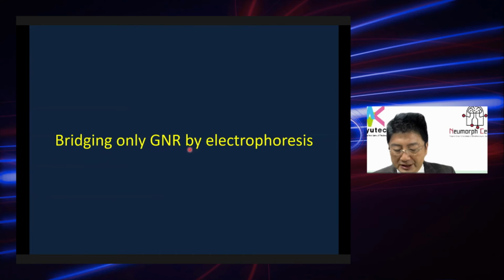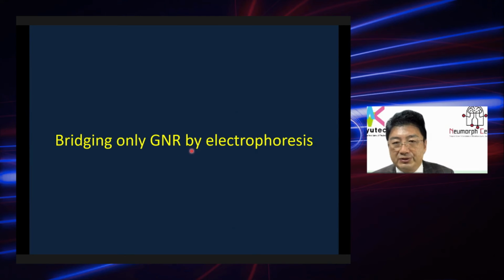So now we move to how to bridge the graphene nanoribbon to two electrodes. By unzipping of carbon nanotube to obtain GNR, the final product is a mixture of GNR and carbon nanotube, or some amorphous carbon or else. So we should pick up only the graphene nanoribbon from such a mixture to make devices.